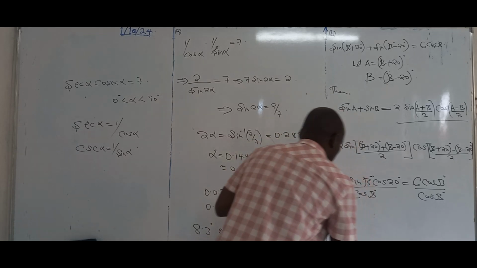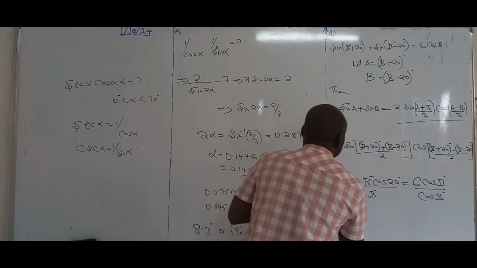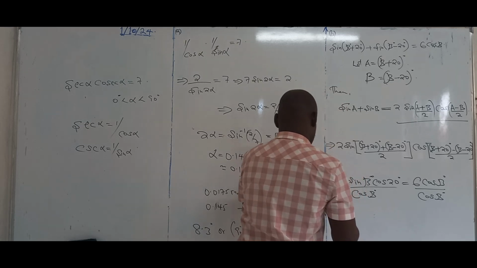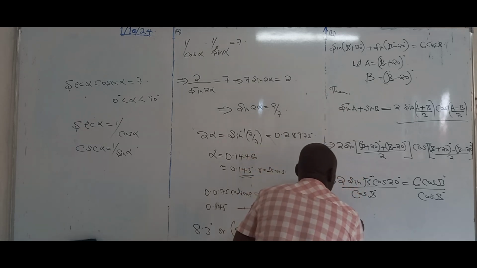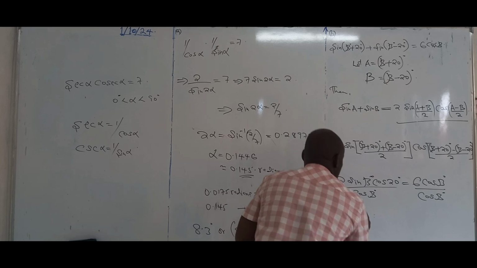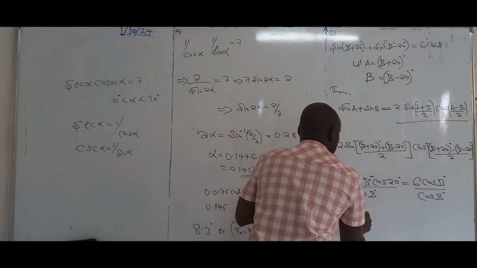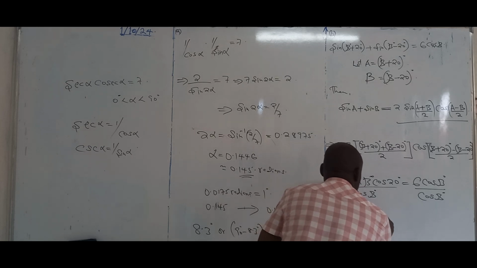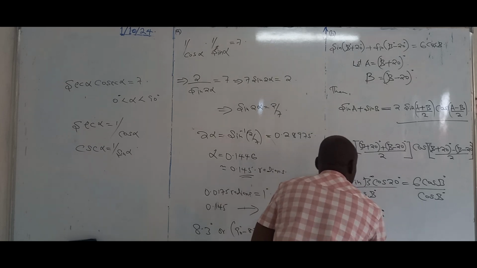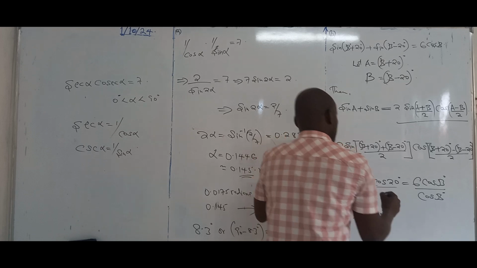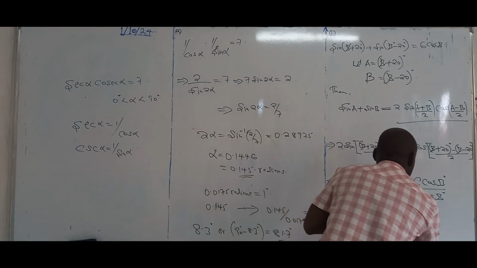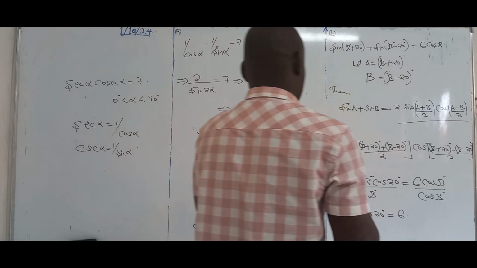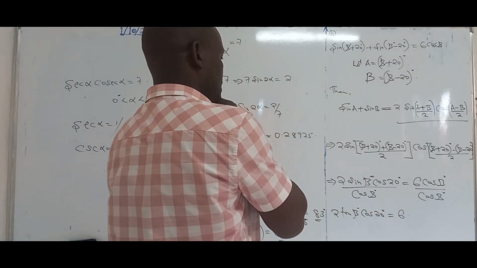So I have 2 tan beta, because sin beta over cos beta is tan beta, then cos 20, is equal to 6.